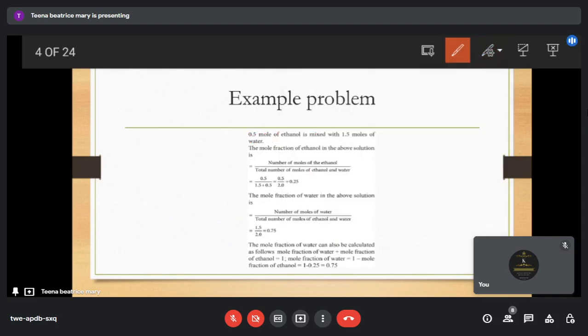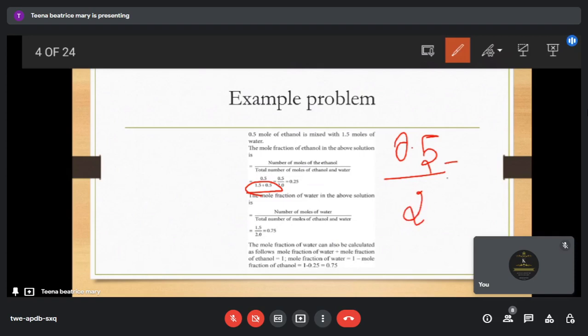So here, according to the formula, the number of moles of ethanol divided by the total number of moles of ethanol and water. Since ethanol and water are both present, you have to add both moles of ethanol and water. So the number of moles of ethanol is 0.5, given, divided by the total number of moles, that is 1.5 plus 0.5, that is 2.